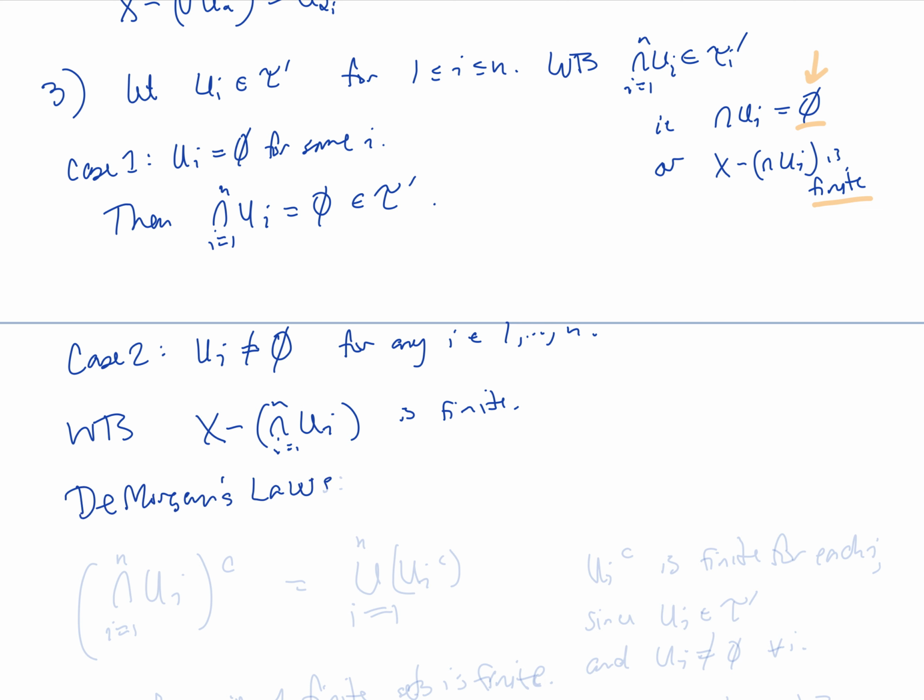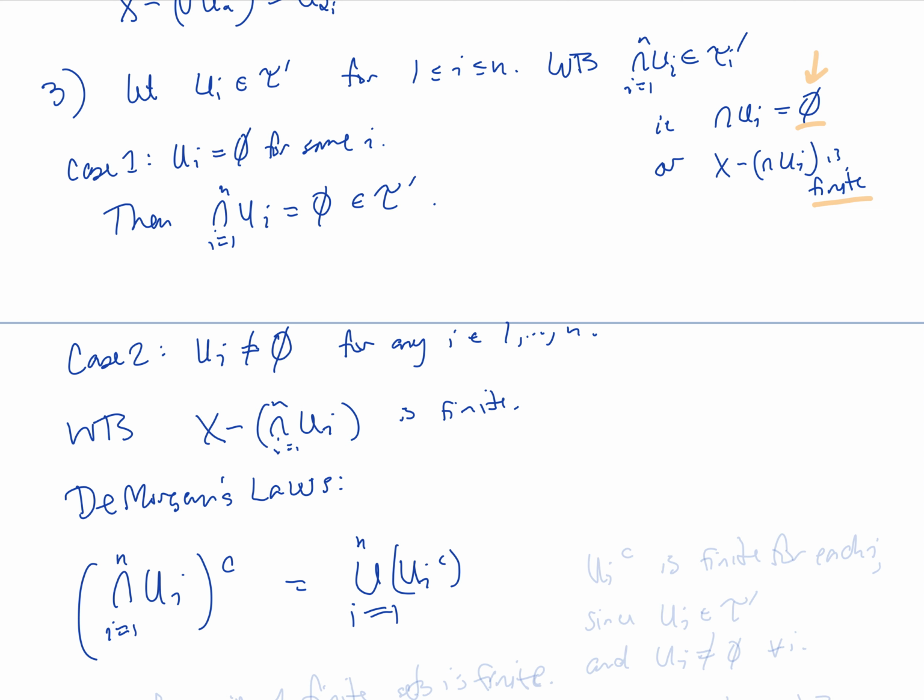Instead of taking the complement of the intersection, we can break that apart: the complement of the intersection from i equals 1 to n of the U_i's is equal to the union of the U_i complements from i equals 1 to n, by De Morgan's laws.